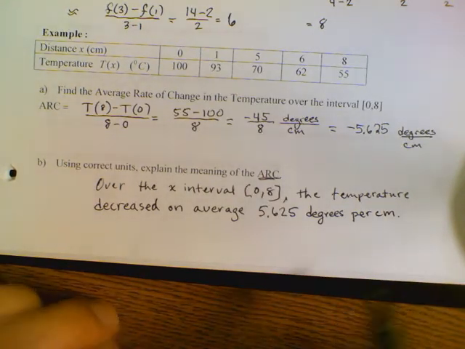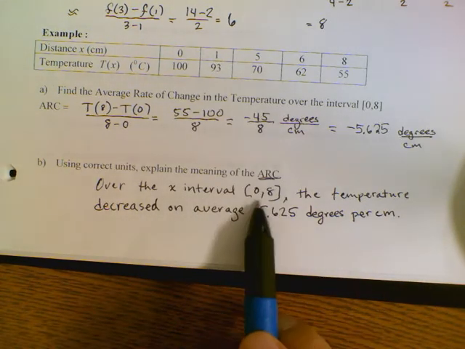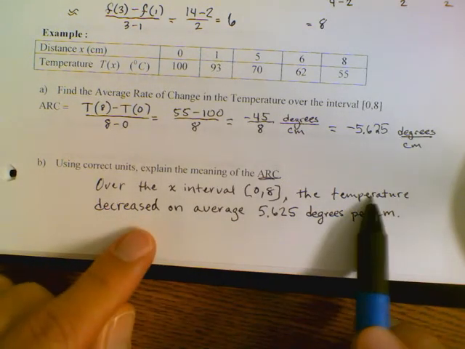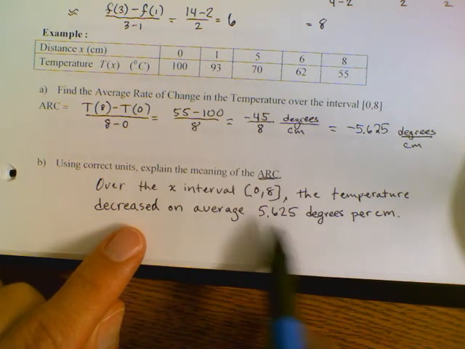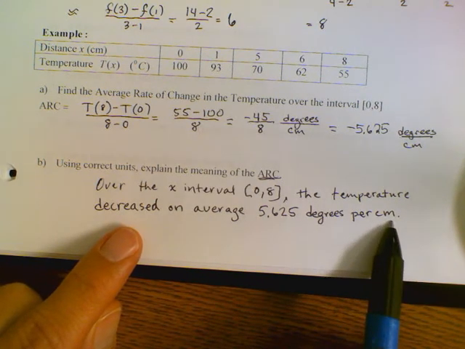Okay? So over the x interval 0 to 8, the temperature decreased on average 5.625 degrees per centimeter.